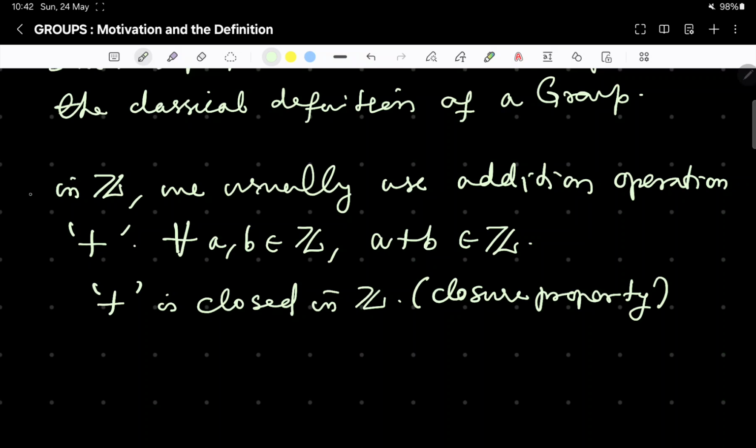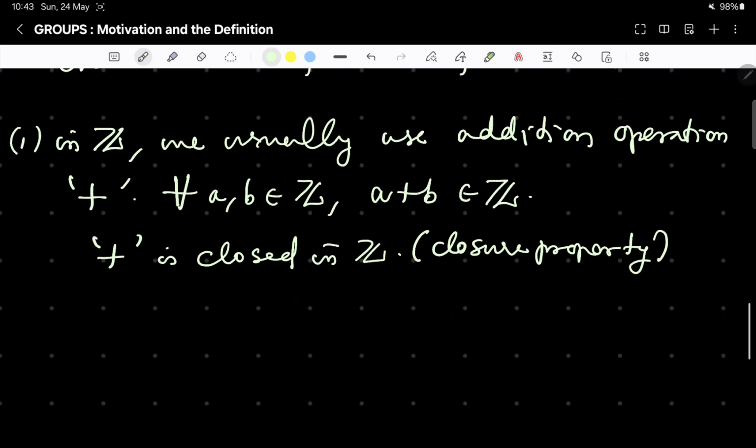So we will take inspiration from these properties and try to define what we mean by a group. Right now, in the same sense, I try to view this addition operation as a function from Z cross Z to a bigger set.